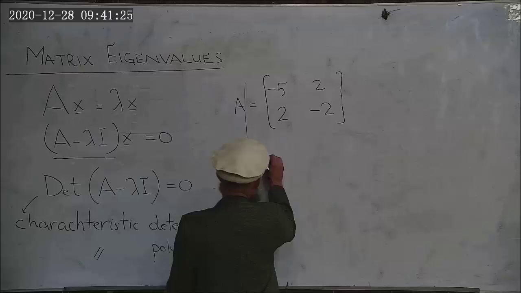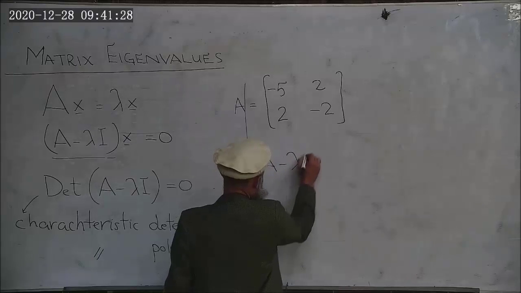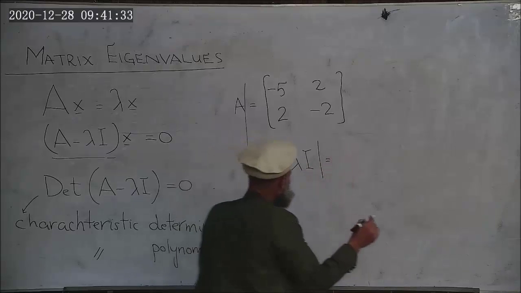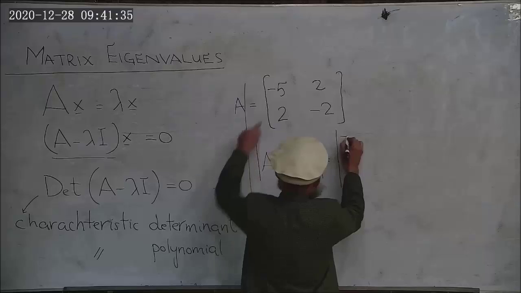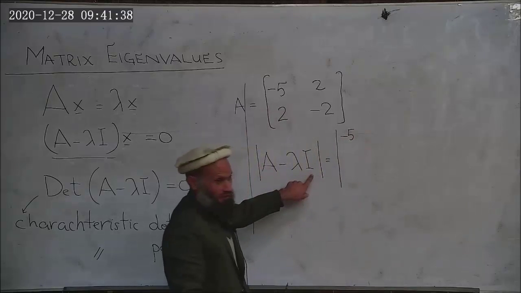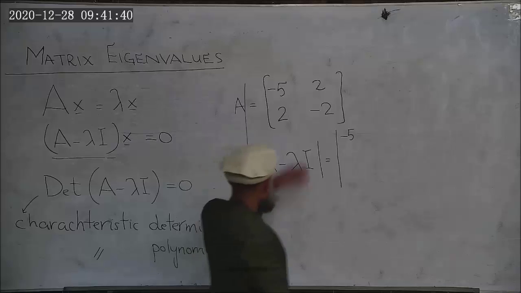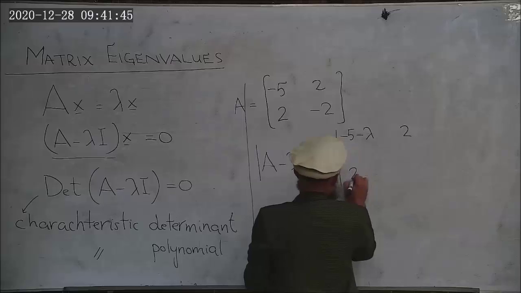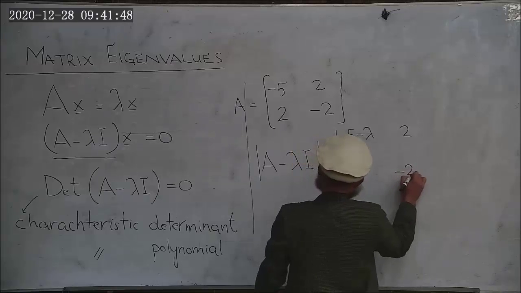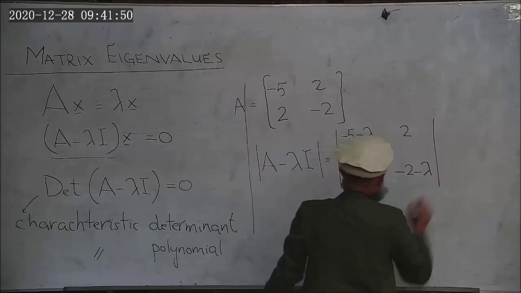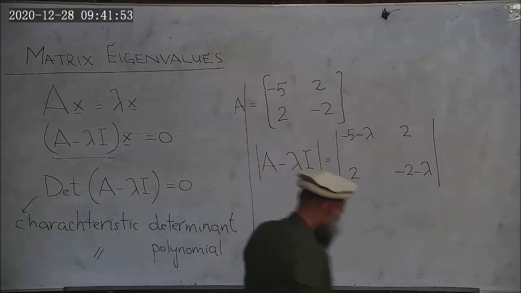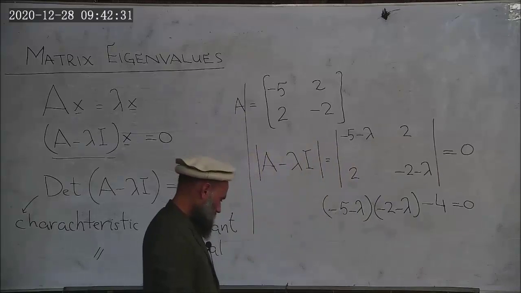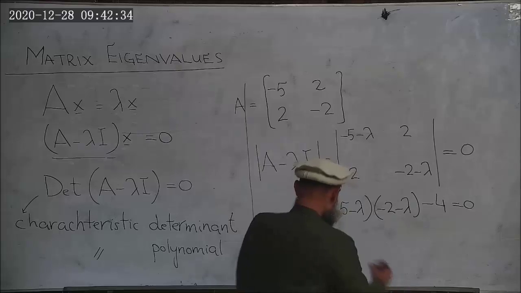The characteristic determinant is the determinant of A minus lambda I, which is equal to this matrix minus lambda multiplied by the identity matrix, and then you expand it, and you simply multiply the terms.